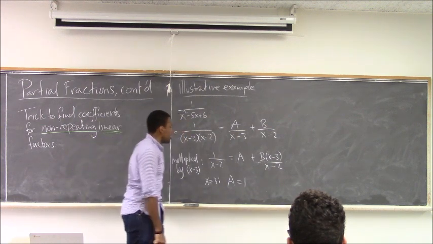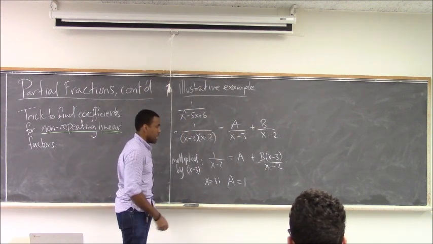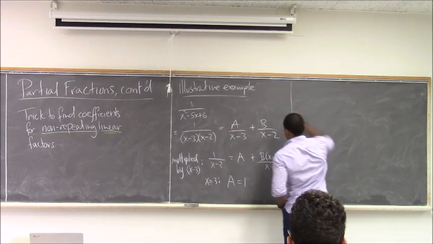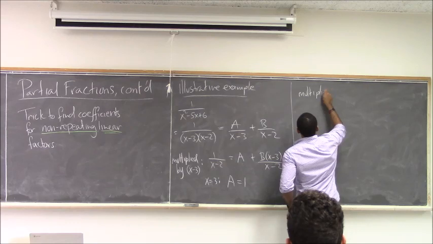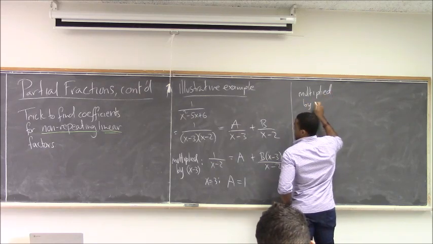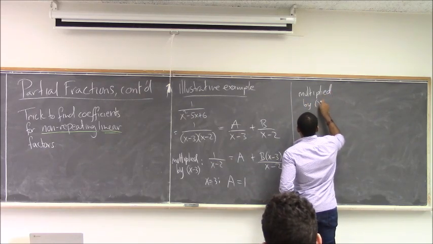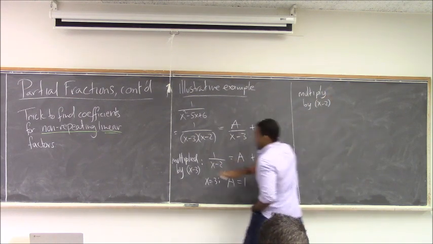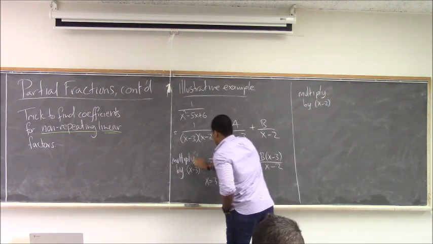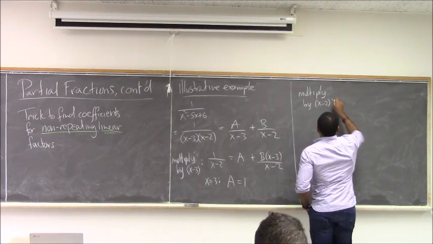Now I want you to notice what is going to happen here. Well, maybe you'll see the pattern on the next one. Now suppose I multiplied by the other term, say x minus 2. What would have happened?